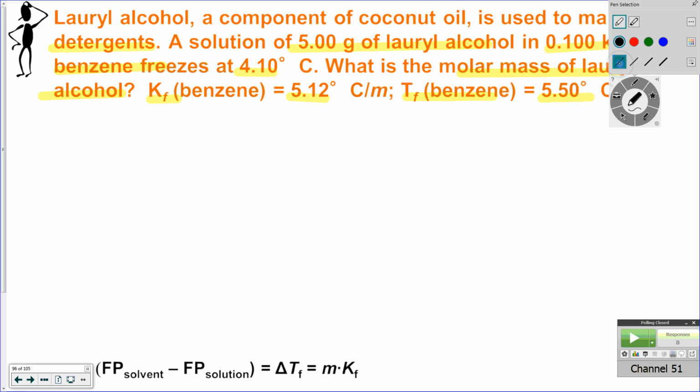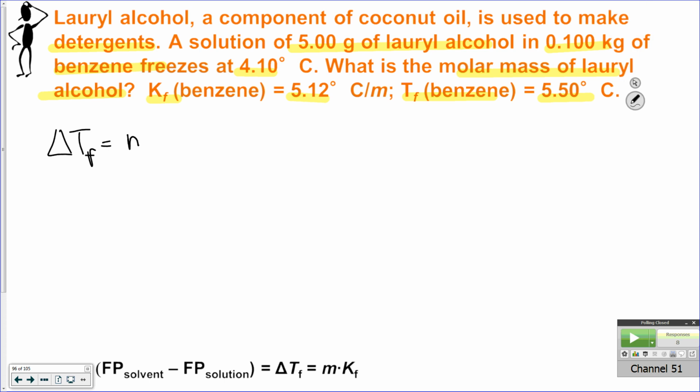Okay, so the change in temperature is equal to the molality times the K sub F. If I want to solve for the molar mass, I need to know something about the number of moles that are going to be in the solution. So the thing I want to solve for is the molality.